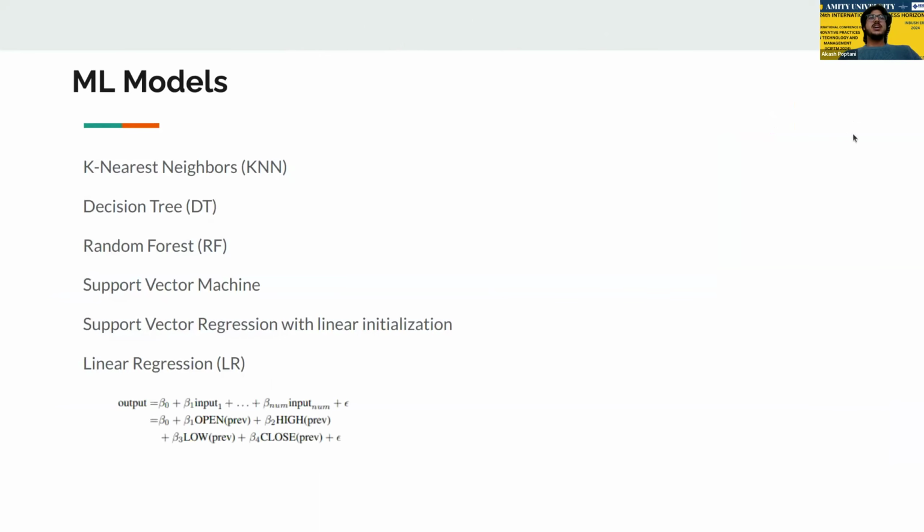So I have tried out 6 ML models. The models employed in the analysis are standard SVR, KNN, decision tree, random forest, and LR models. The KNN model uses the values of the K nearest neighbors, averaging them to predict outcomes.